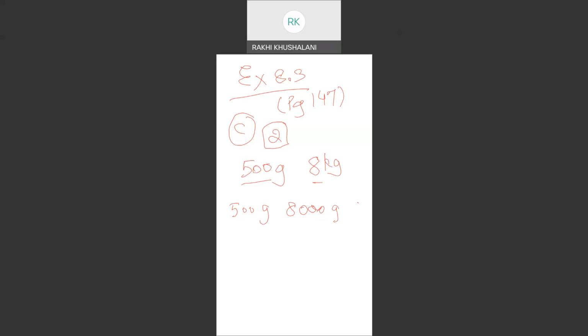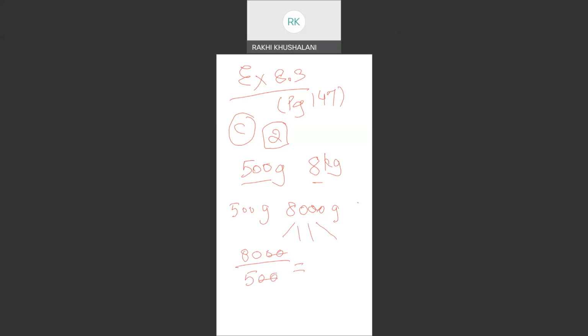Every time I am withdrawing 500 grams of cashew nuts to put in a box. So that means I'm doing equal distribution of this 8000 grams into 500, 500, 500 every time. So I have to do division of these two numbers to get the number of boxes.